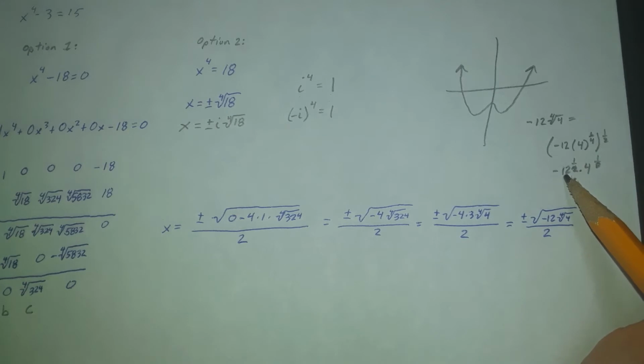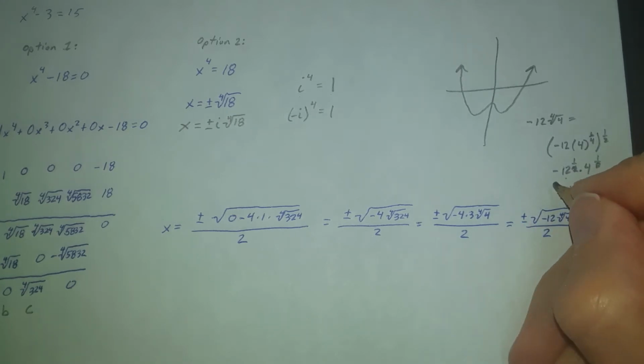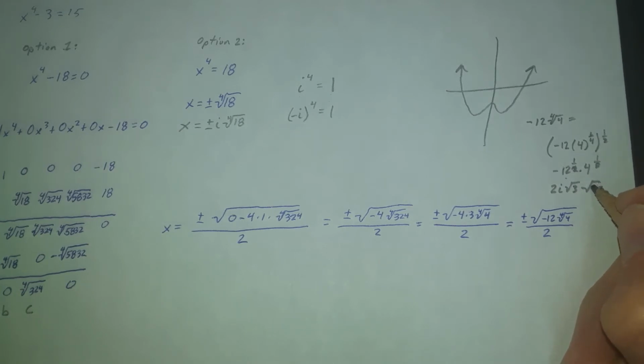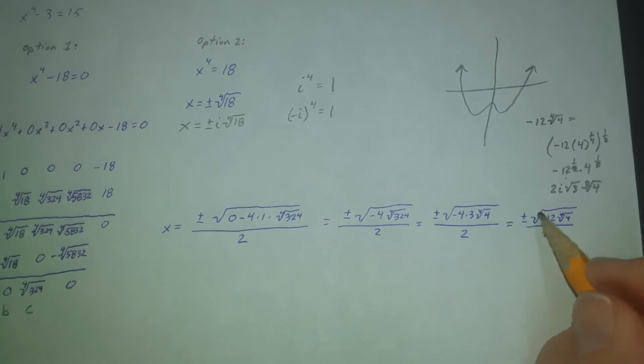If I take the square root of negative 12, which is what the half power means, then I have 2i square root 3. And then this is times the 8th root of 4. So that's going on in the numerator here.